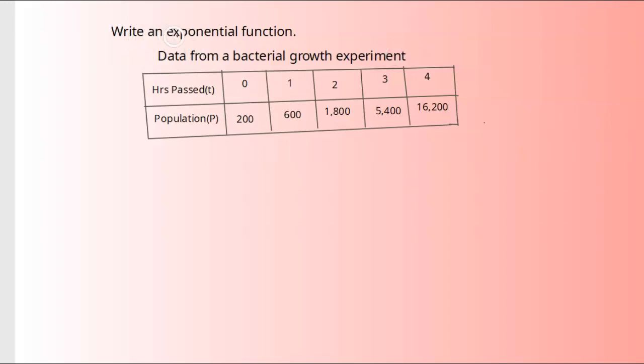Here, we have been asked to model the exponential function from the data below. There's a bacteria growth, so here we know it is a growth. The general function for exponential is y equals a b to the power x.